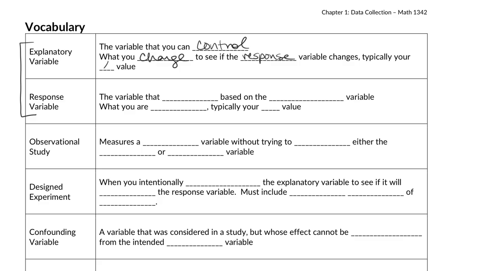When graphing, this is typically your x value, your independent variable. The response variable, however, is the variable that changes based on the explanatory variable. This is what you are measuring, and it's typically your y value, your output, your dependent variable.